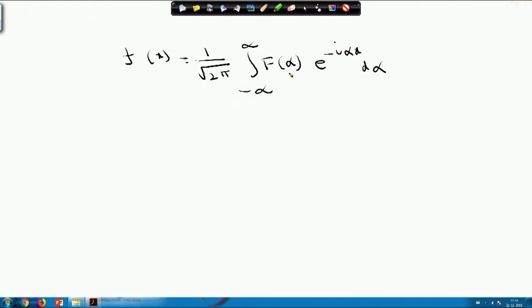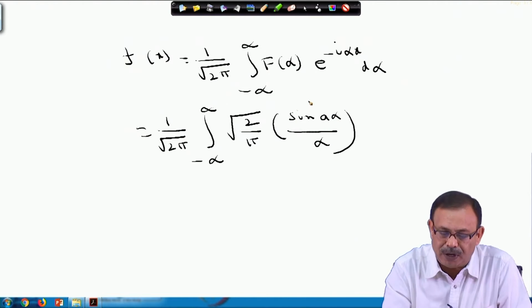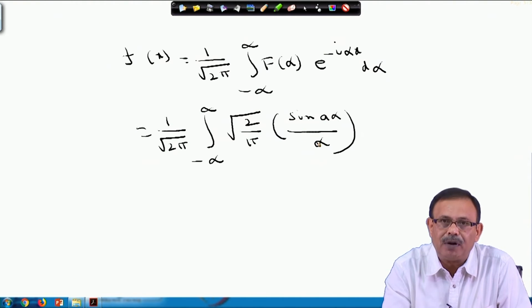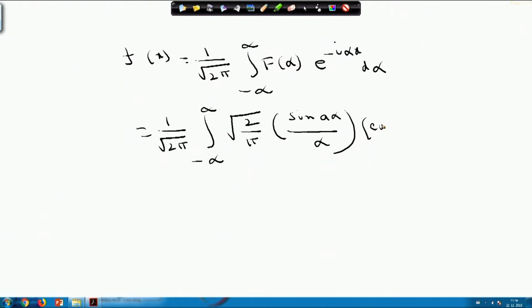Now, we already know the Fourier transform of the function. If you substitute that, you will obtain 1 by root over 2 pi times the integral from minus infinity to infinity of root over 2 by pi into sin a alpha by alpha, because the value of F(alpha), the Fourier transform of the function, is root over 2 by pi sin a alpha by alpha, which we got just now, and e to the power minus i alpha x we can break into cos alpha x minus i sin alpha x, d alpha.